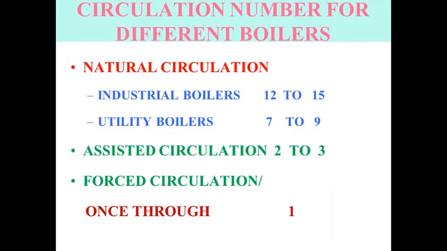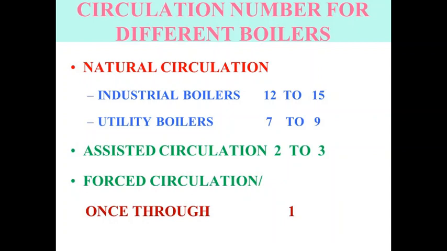In power and utility boilers with natural circulation we have higher circulation numbers. Generally in industrial boilers we can get 12 to 15 as the circulation number. For utility boilers, low capacity boilers, we can have 7 to 9.